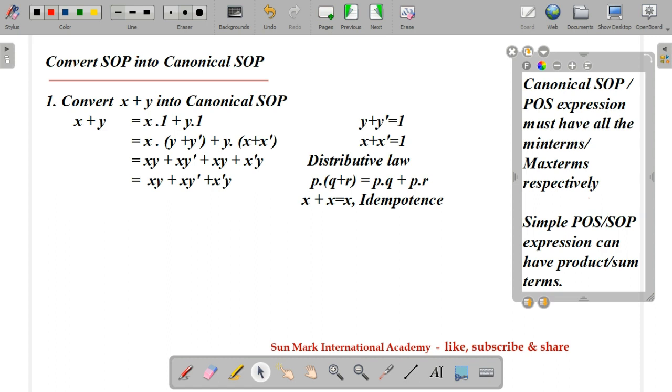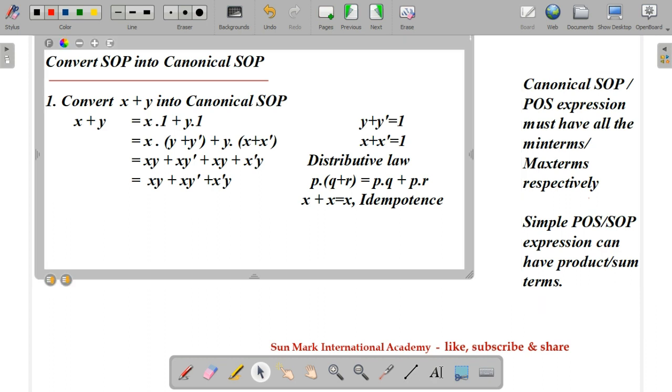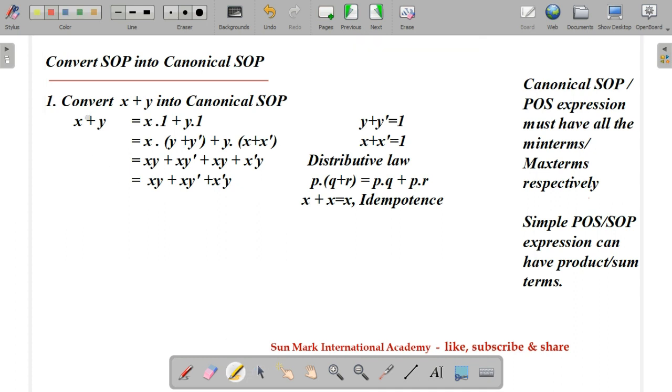In 1 or 2 mark questions they will ask to convert a given expression into canonical form. As an example, x plus y is a Boolean expression, a function of x comma y, having two variables. In each term all the literals should be there, but here only one literal is there, x and y.